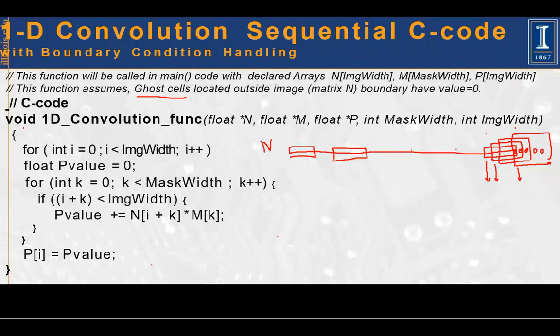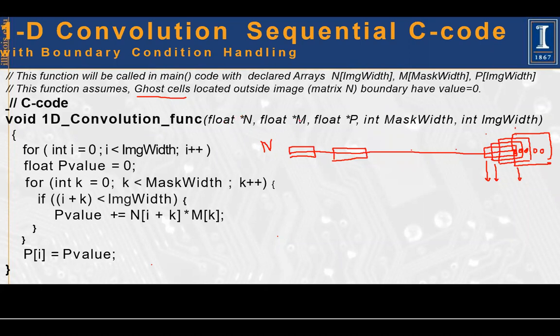Here is the return data type for this function, then the 1D convolution function, its name. Then there is n, an array which points to floating type data.